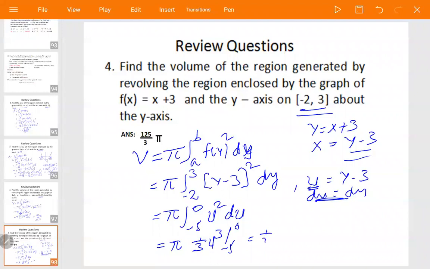That is 1 over 3 pi times 0 cubed, which is 0, minus negative 5 cubed, which is negative 125. Negative of negative is positive. So 125 over 3 pi cubic units.